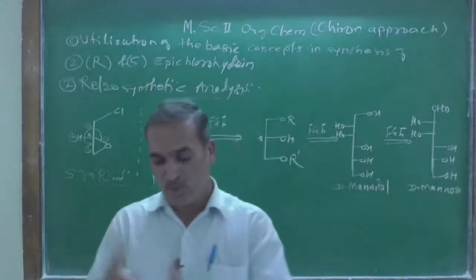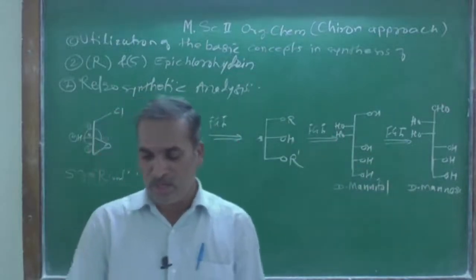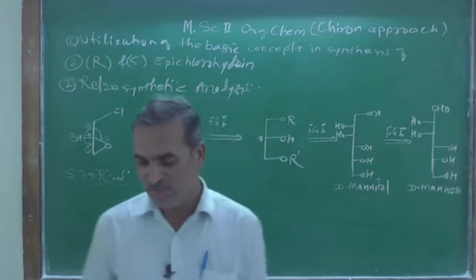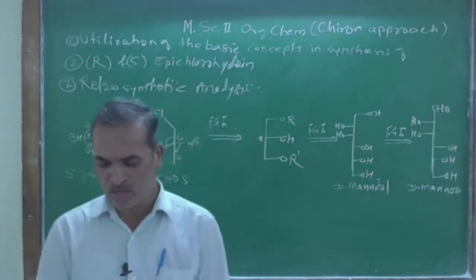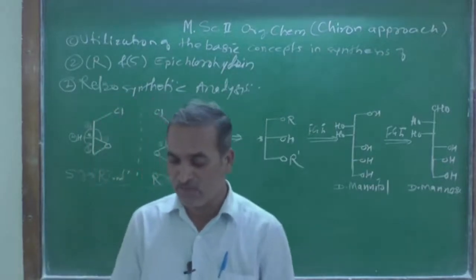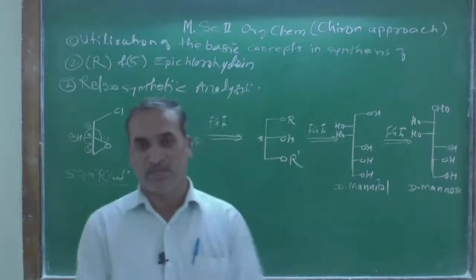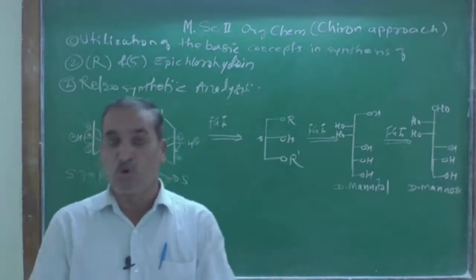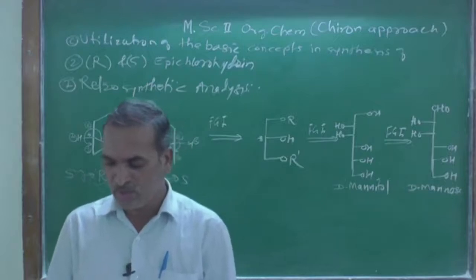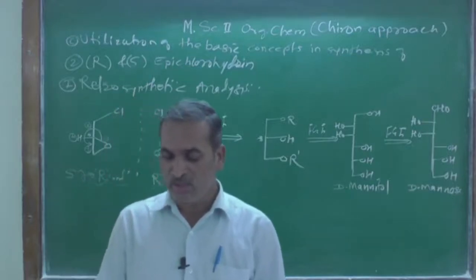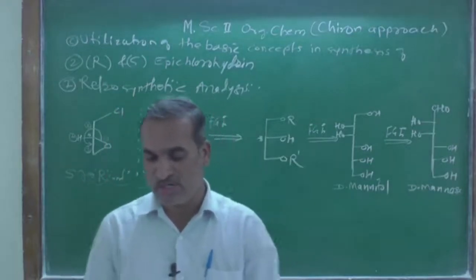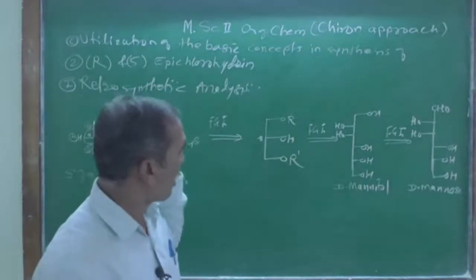Now what is the second point to remember? By tosylation and deprotection of R glyceraldehyde derivatives, one can obtain monosubstituted derivatives which can be transformed to the chloride, that is the epichlorohydrin.